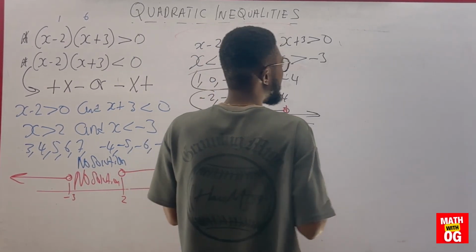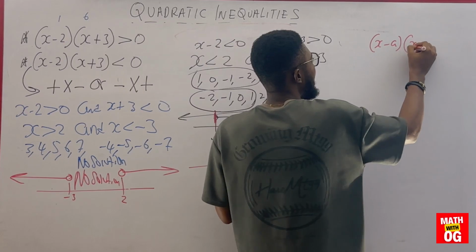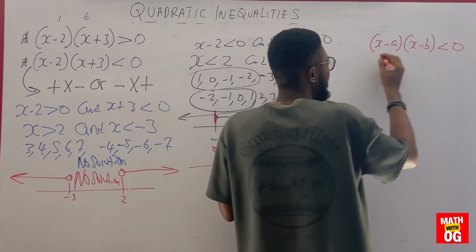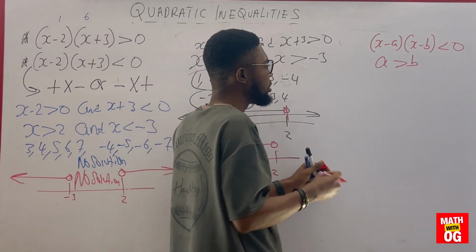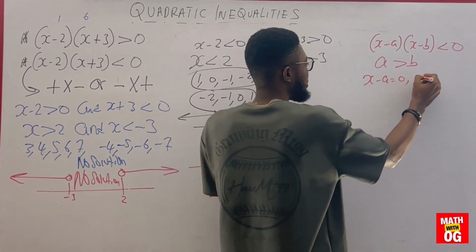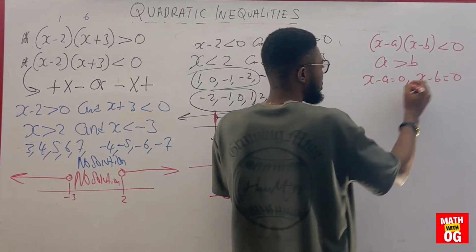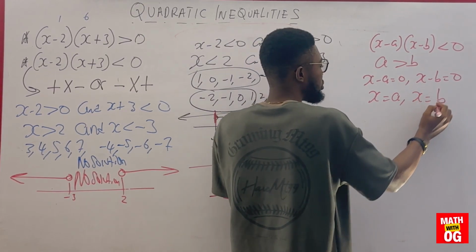Now, you have a question on the day of your exam. X minus a, x minus b is less than 0, and you are told that a is greater than b. If a is greater than b, solve as though they are both equal to 0. So that is x minus a is equal to 0, x minus b is equal to 0. In this case, x will be equal to a and x will be equal to b.